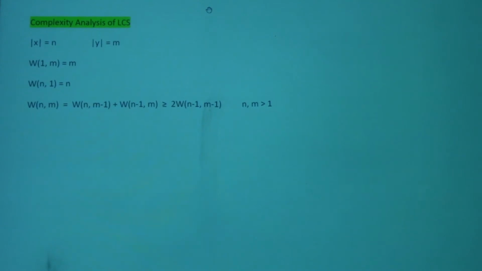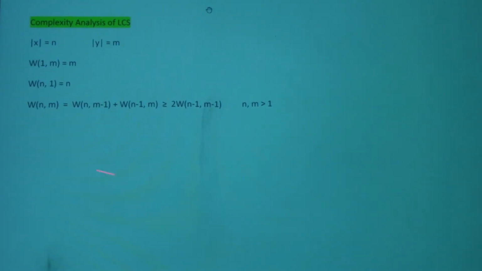Because we're checking if this one character in x matches any of the characters in y. If it does, good, but it might not. So we may have to check all of them. So W(1,m) is m, and W(n,1) is n.